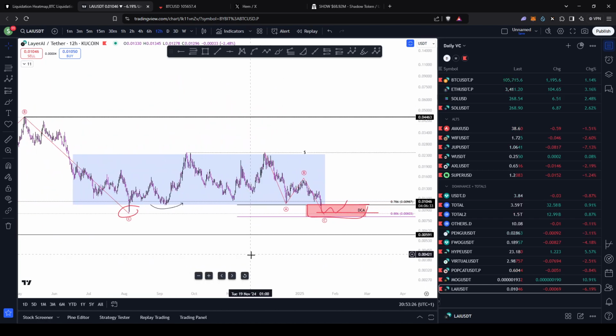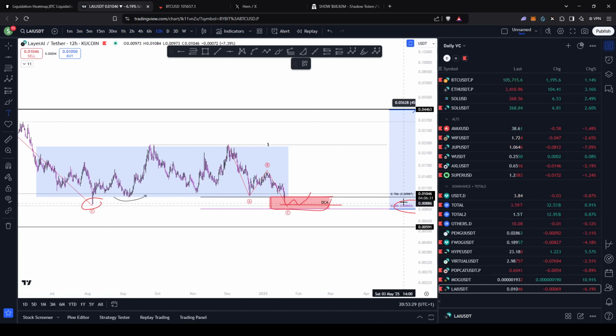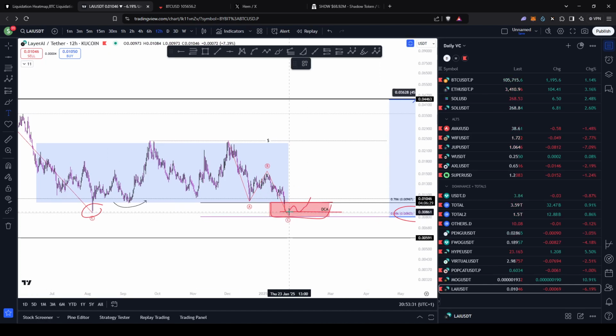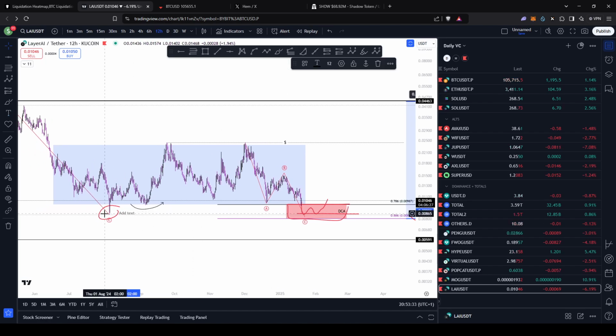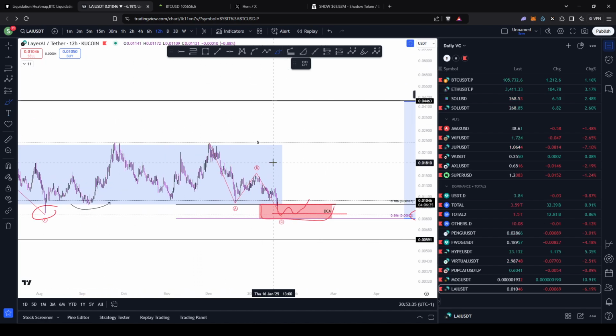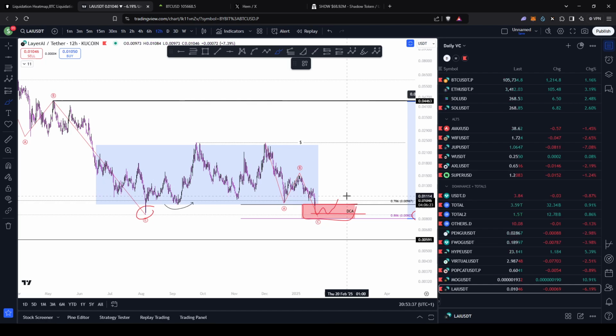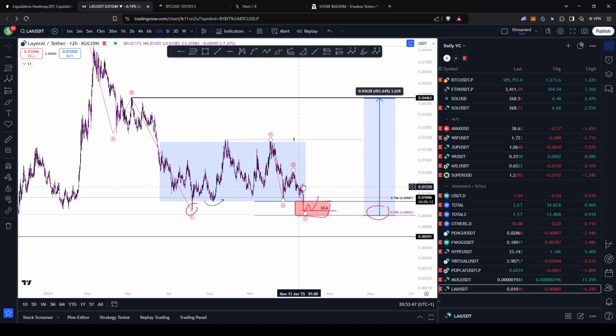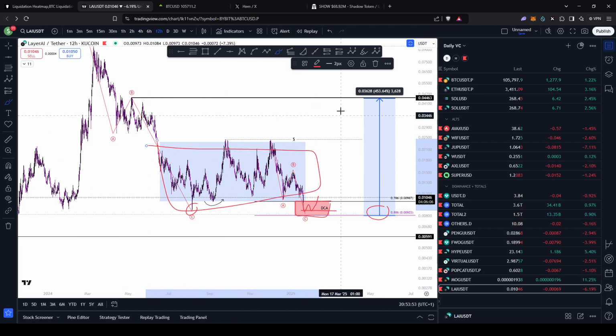If you tap the 886, give me a good reaction of these lows, and I will still hold my bag. If you do get a weak reaction or a bad reaction of that, I am very happy to cut my bag and rotate that into somewhere else. But as long as you hold this red box, I am still looking at this as a PO3.